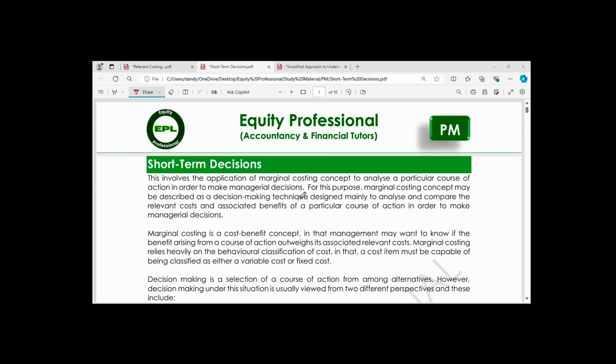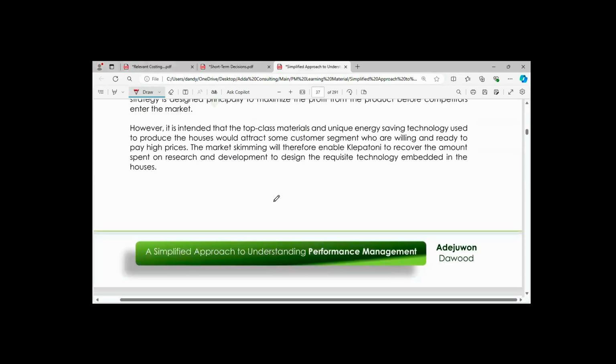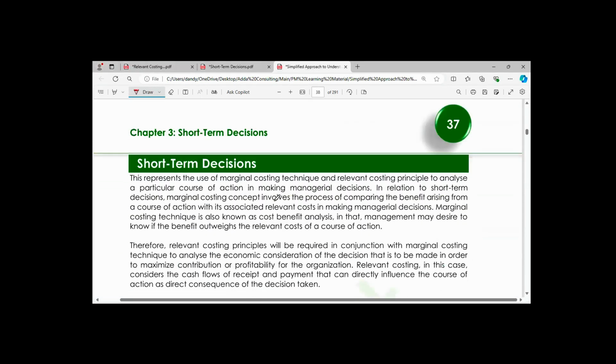Simply put, short-term decision represents the uses of marginal costing technique and the relevant costing principle to analyze a particular course of action in making managerial decisions.